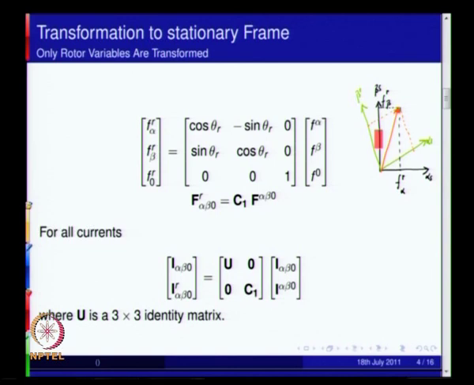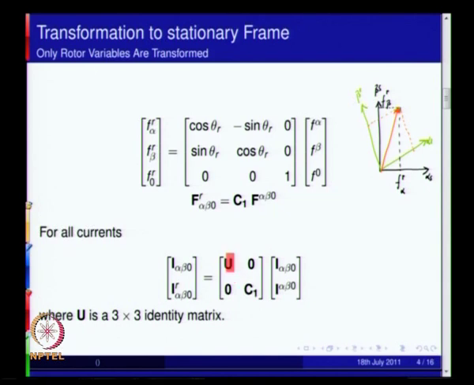Now on the other hand you choose to view it from the stationary reference frame, that is choose to view it from this axis. So what we are really looking at is obtaining this component and this component here. These two still refer to the same rotor MMF space phasor, the stator MMF space phasor, and hence the I and V remain unchanged.